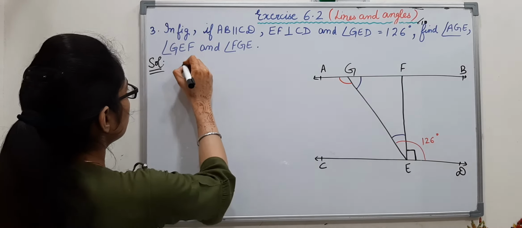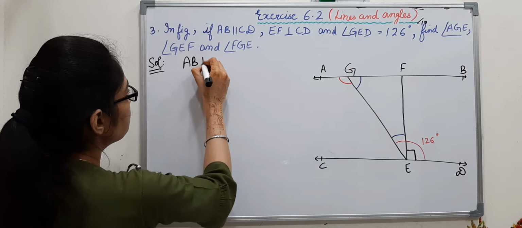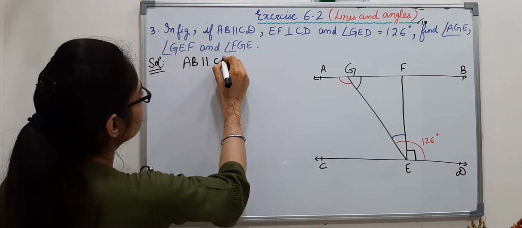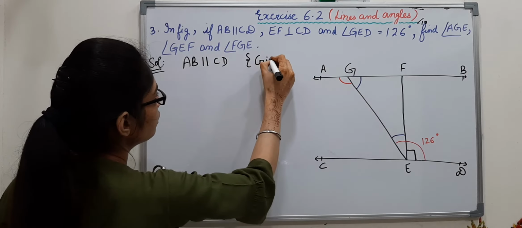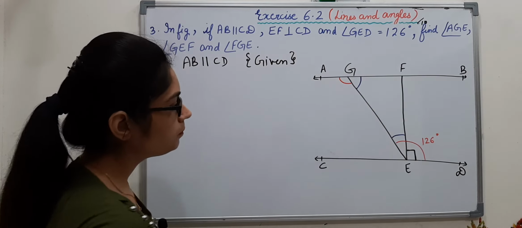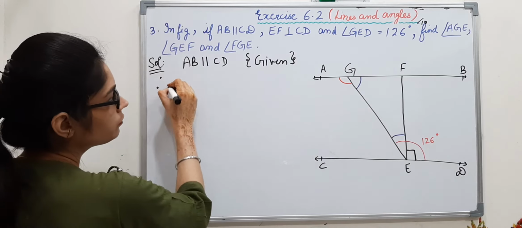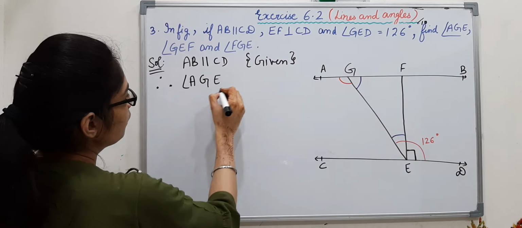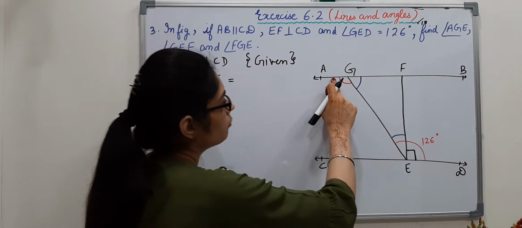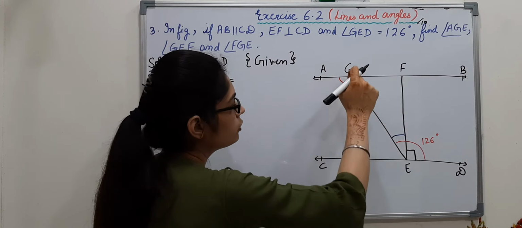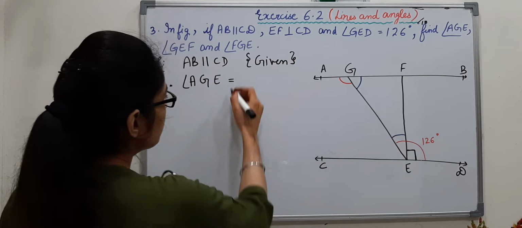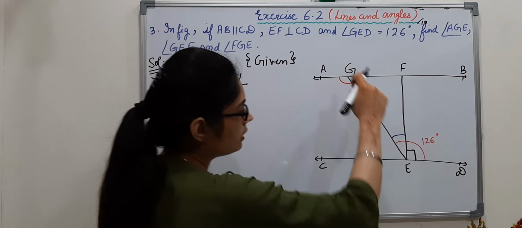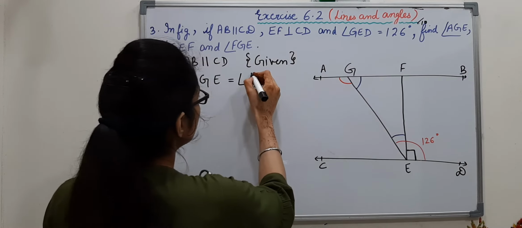Now it's mentioned AB is parallel to CD. It's already given. We can mention the reason also. It's given. Therefore, angle AGE is equal to this angle. So I have marked angle AGE with red color. It is equal to angle GED.